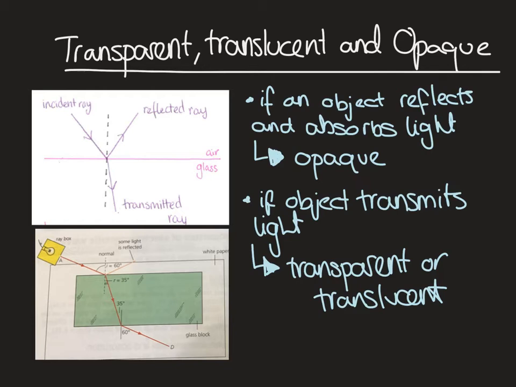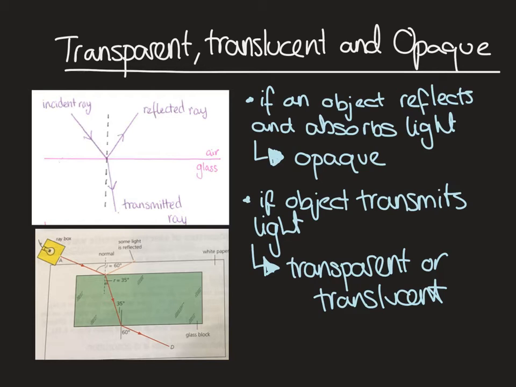If we've got an object and we're going to see it with visible light, our eyes are going to detect the visible light that's interacting with that object. If the waves that are incident on it are reflected back or absorbed, then we say that object is opaque. So if none of the light is being transmitted through that object, it's opaque. We can't see through it because the light isn't transmitting through it.